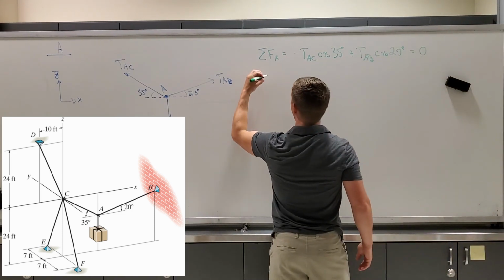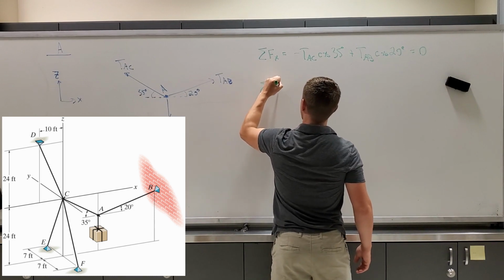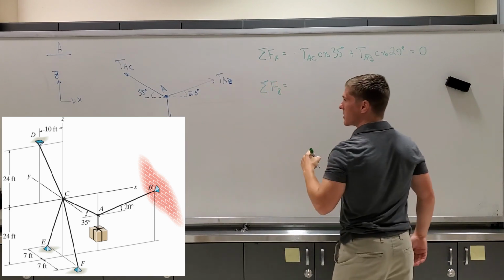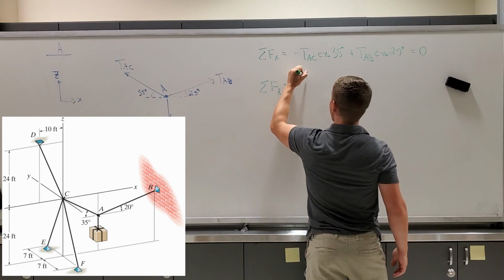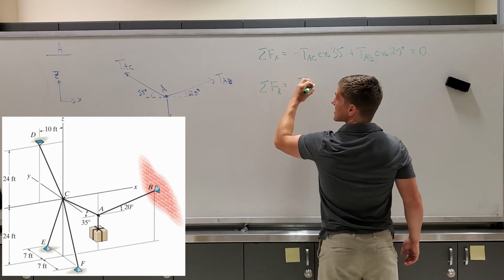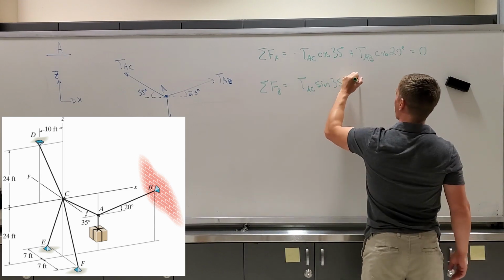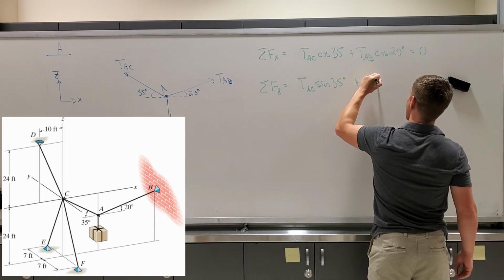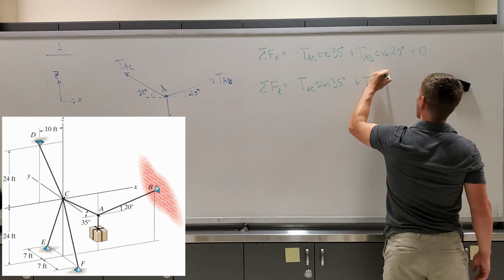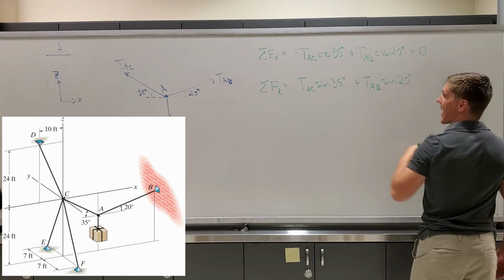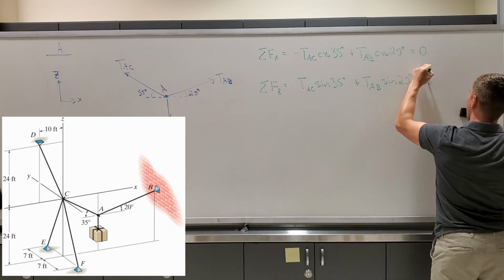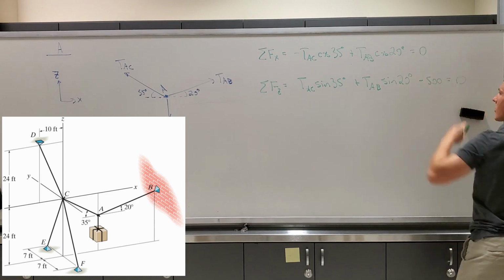Okay, and I can say that the sum of my forces in the z direction must also be equal to 0. Well, I have a TAC sine of 35 degrees acting upward. I have plus a TAB sine of 20 degrees acting upward minus 500 is equal to 0.